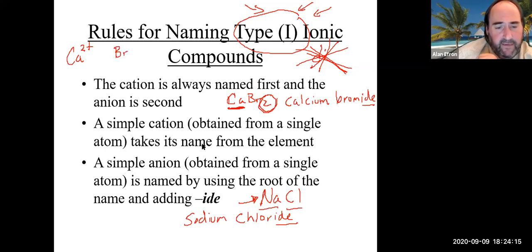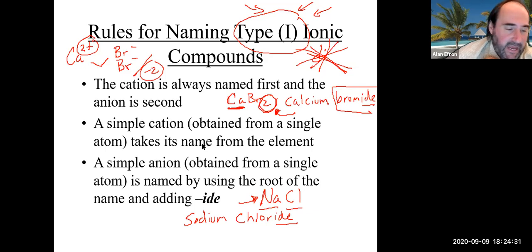Bromide, group 7, is -1. So when we put this together, we need not 1 Br minus, but 2 to balance it out. But when you name a type 1 compound, that has absolutely no effect on the second name. So even if you had a 40 there next to the Br, which you probably won't, you would still just call it bromide at the end.